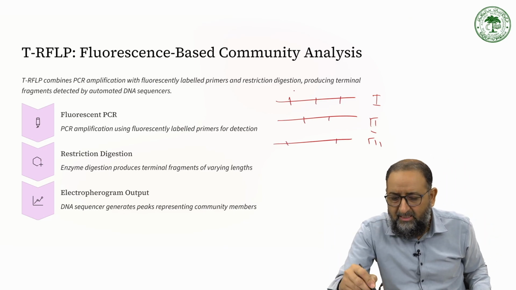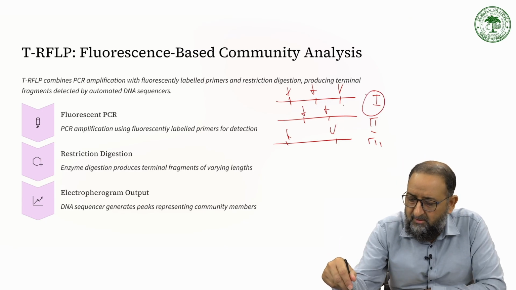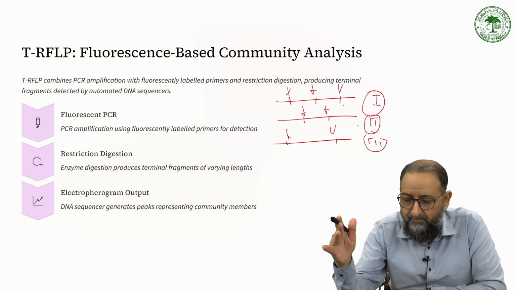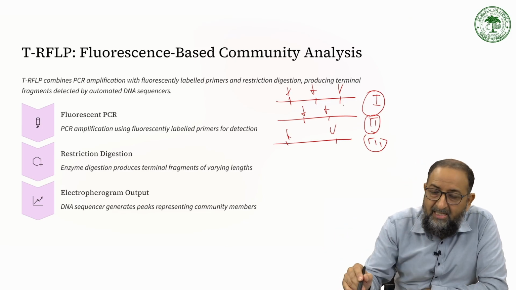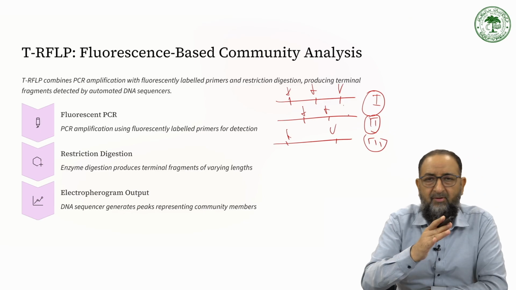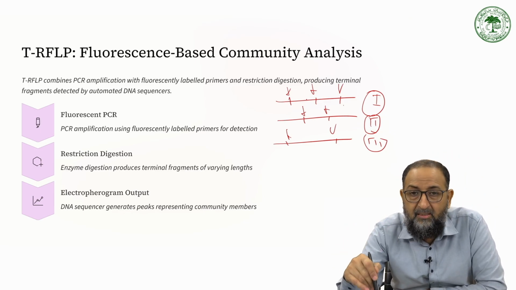If you cut these at restriction sites, these 3 sequences are the same sequences, but with variation in the restriction site. Their size is the same, but the restriction digestion fragments have different positions due to mutation, due to variation. This can be detected through RFLP.